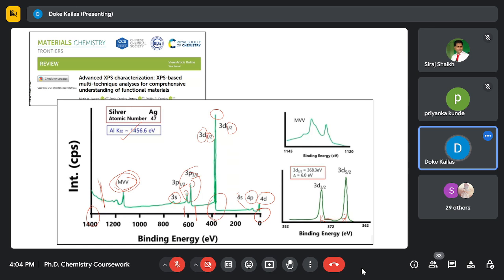And when we couple the orbital angular momentum of an electron with the spin angular momentum, then each electron in the L shell or P shell or D shell gives two peaks because of splitting, like NMR spectroscopy. So this is one high resolution spectra, and it shows only one peak. This peak is for carbon 1s electron.